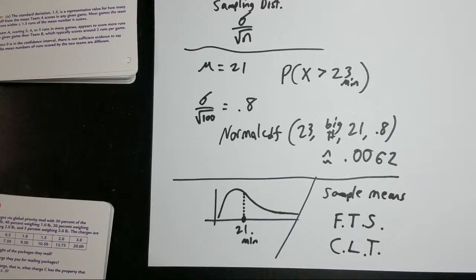But basically, because of the fundamental theorem of statistics, as the sample size grows larger, the distribution of the sample means becomes more and more normal. It does not matter what the original distribution looks like.